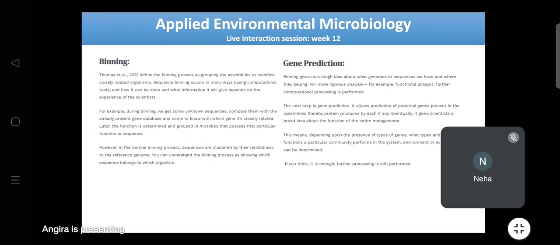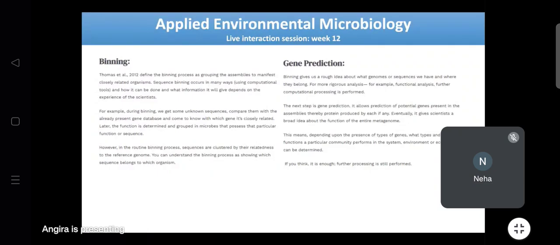During binning, we get certain unknown sequences, and we compare them with an already present genetic database that we have. From this comparison, we get to know how closely related the gene whose sequence we have now got is to that gene.